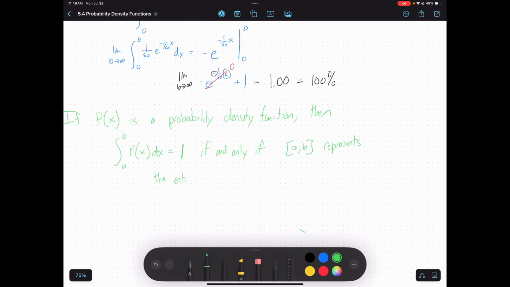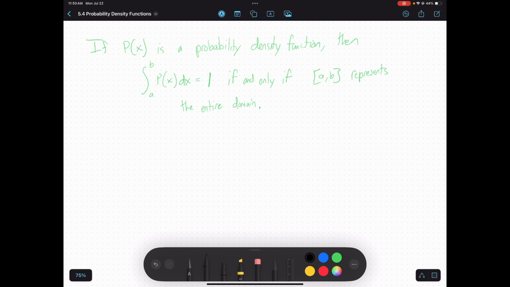If you're integrating it over its entire domain, then the integral should equal 1. So I think the first two questions on our homework are doing this very thing. It gives you a possible probability density function, and then it has you verify that it actually is by integrating it over its entire domain, and just making sure that when you integrate it, you get 1.